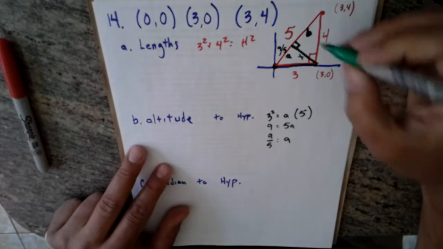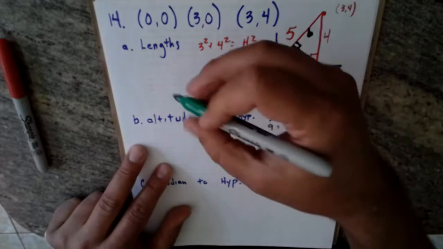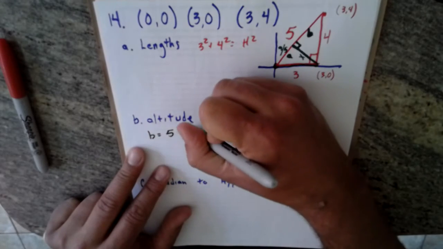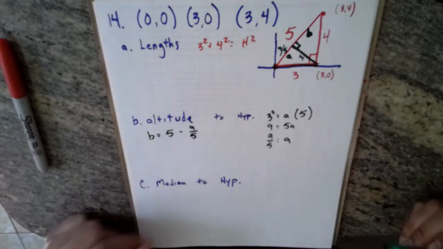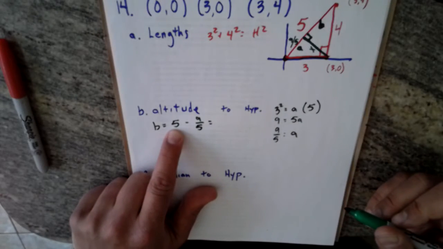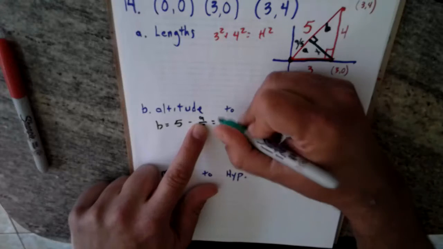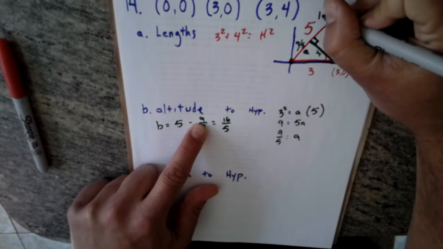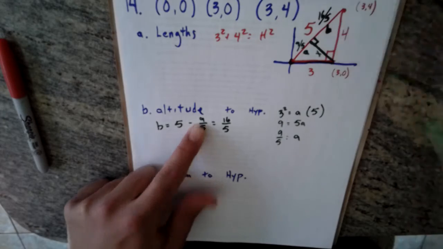To find out what B is, B would be 5 minus 9/5. That's 25/5 minus 9/5, which is 16/5. So B is 16/5.